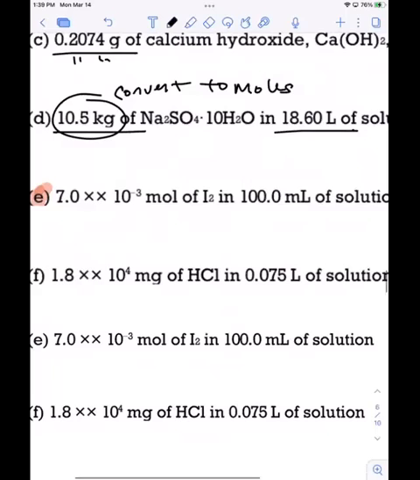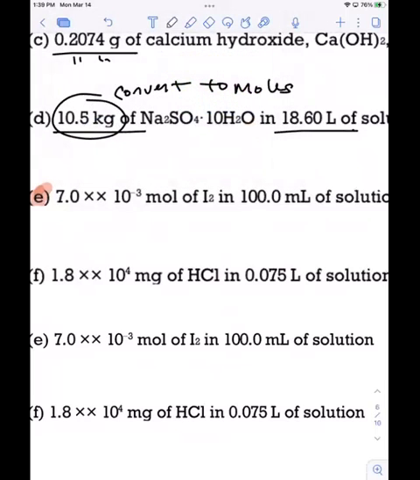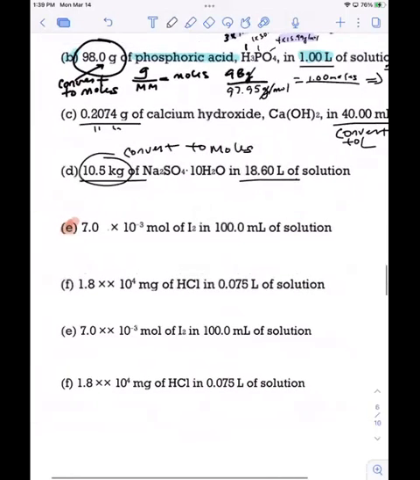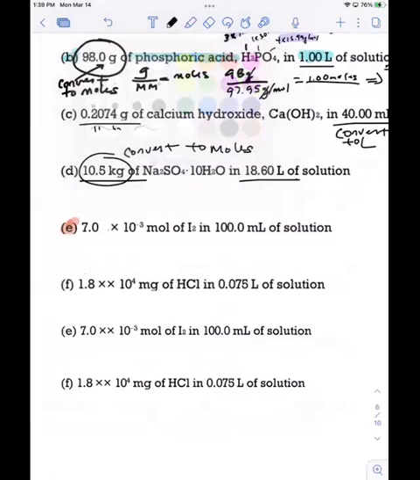So in E, it gives us, and this is a typo. Let me fix that right quick. That's the beauty of Notability. Let's get rid of one of these X's. All right, so 7 times 10 to the minus 3 moles of iodine and 100 milliliters of solution.